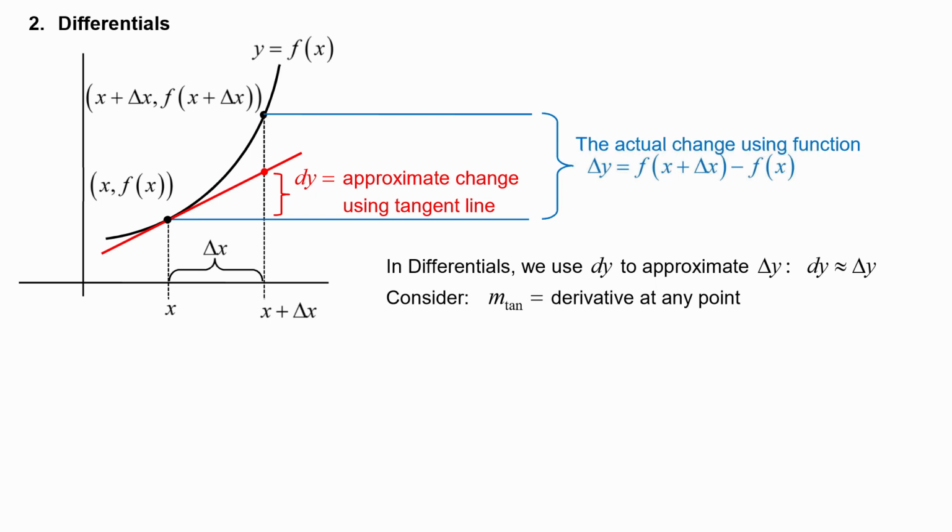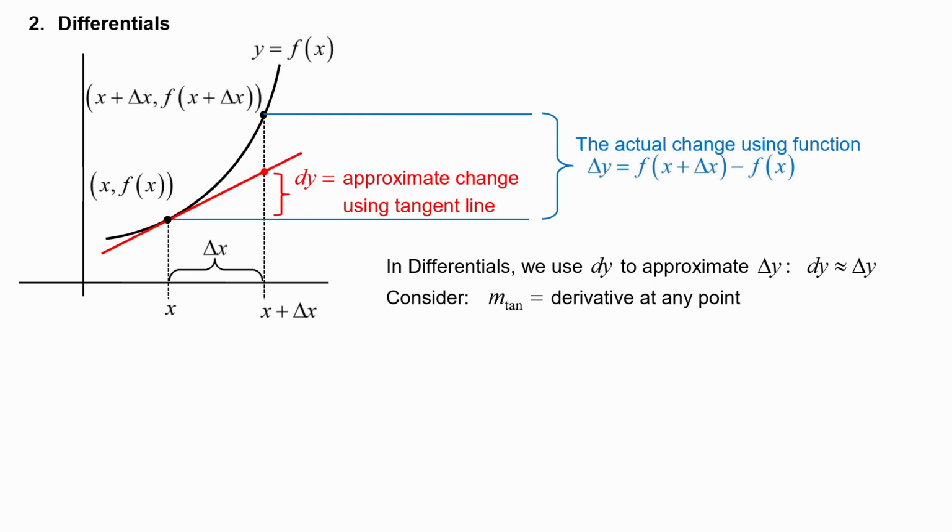But when we take this new x value and bring it up to the tangent line, we see that the y value is different than the y value of the actual function. Now we call this difference between the y value from the tangent line and the y value of the original point dy, which is the approximate change using the tangent line.